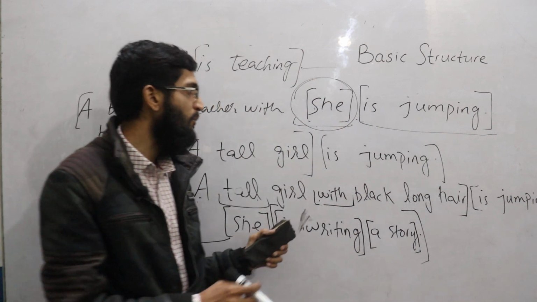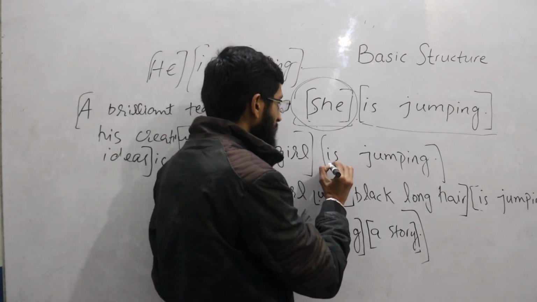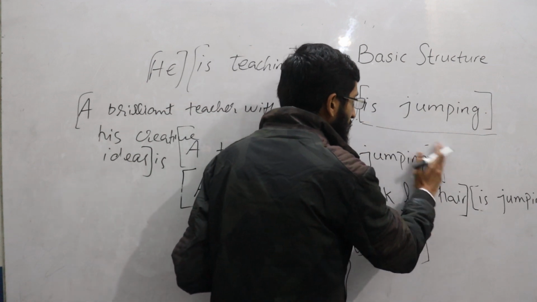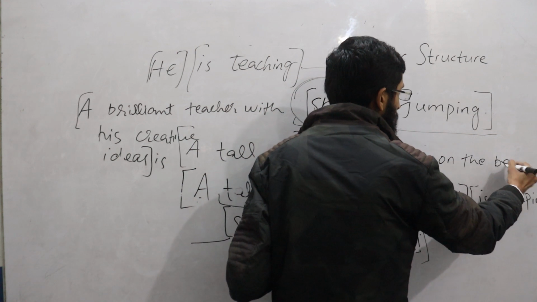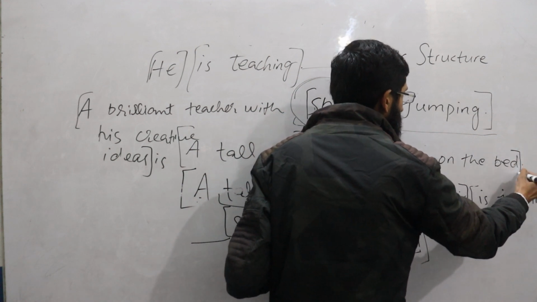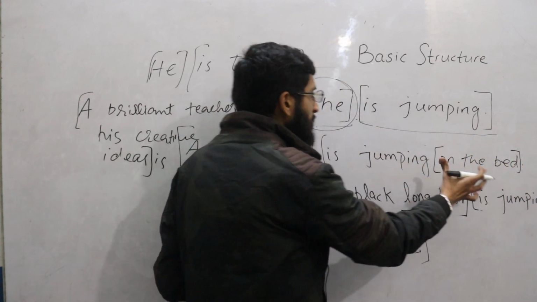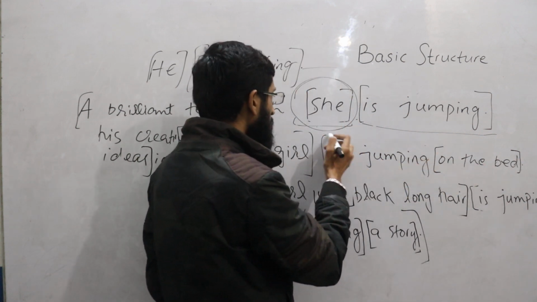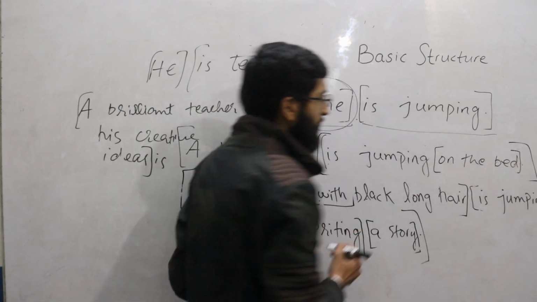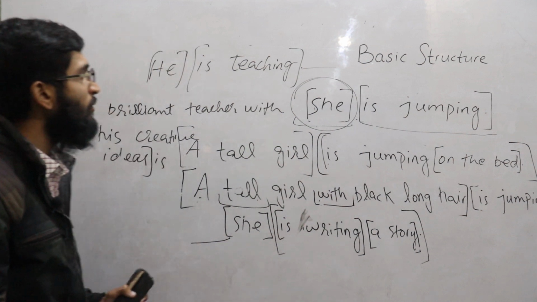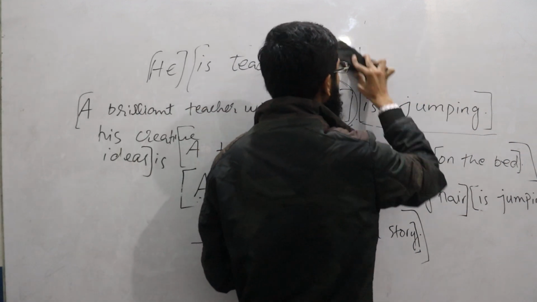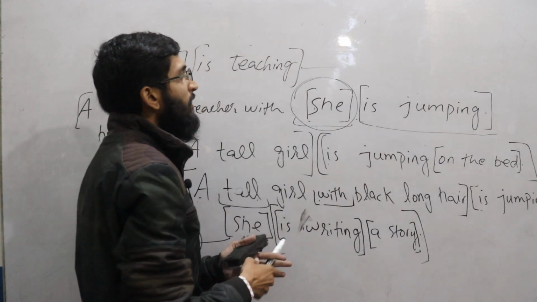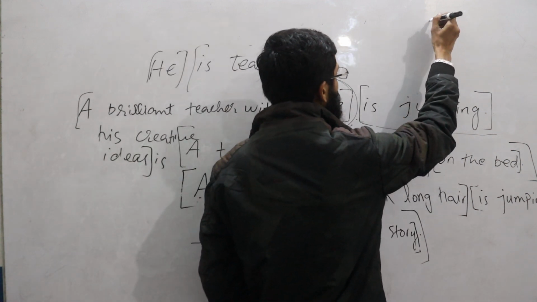So let me give you an example. If I say he is jumping on the bed. On the bed. So what does that mean? This is a prepositional phrase, and this prepositional phrase is part of this whole verb phrase. So if you write it in a syntactic tree, in a tree diagram, you would simply divide it like this.